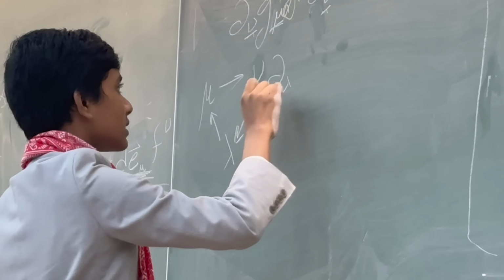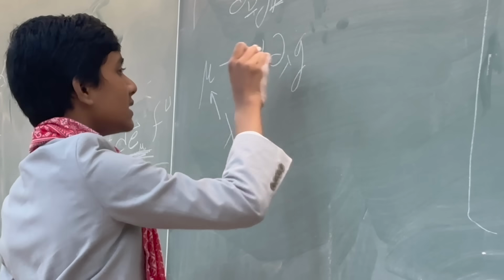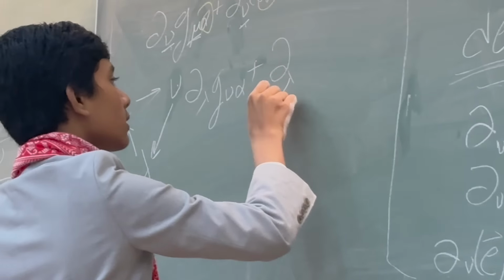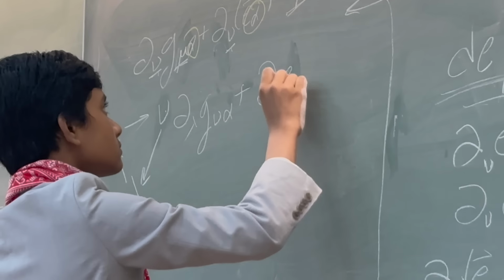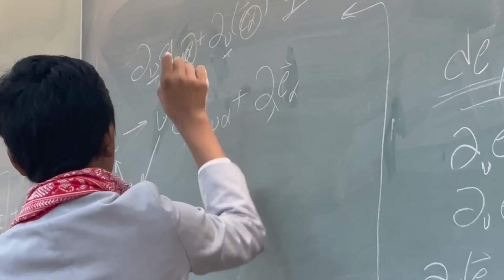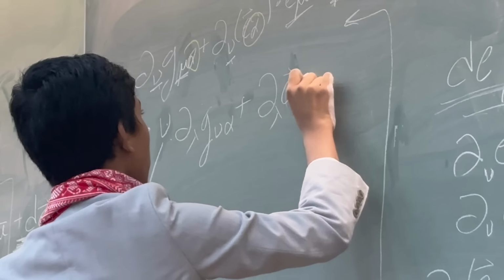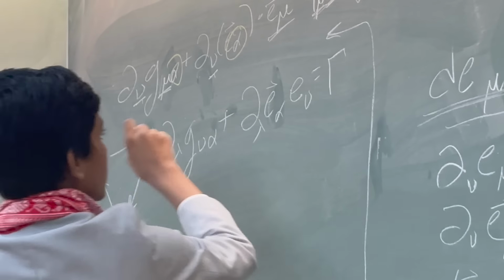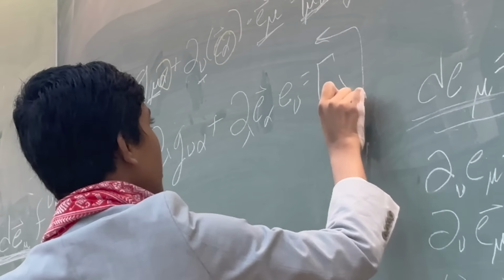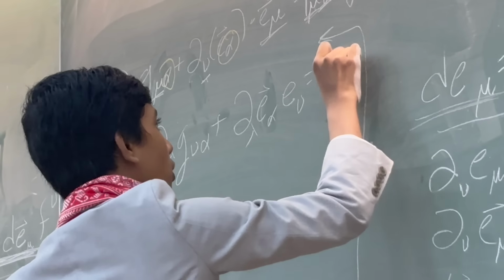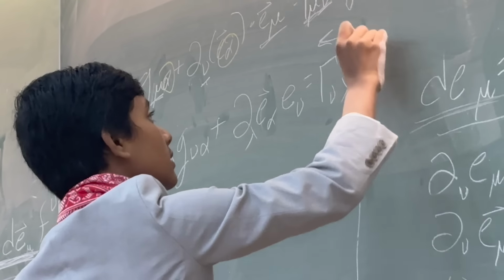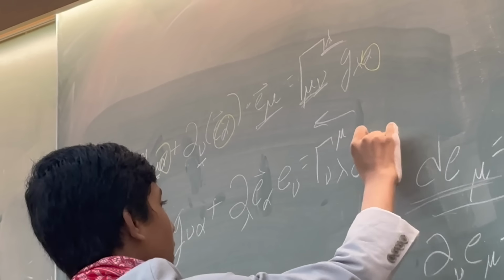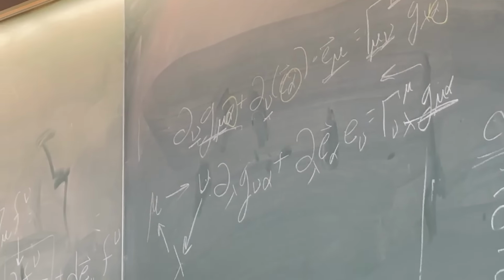So of course, the two other ones we get are going to be: this gets changed to lambda, g_mu gets changed to mu alpha, plus partial_mu gets changed to lambda, e_alpha, dot, which gets changed to, mu becomes lambda, becomes mu. And lambda becomes mu alpha.